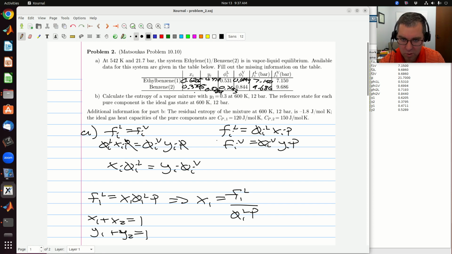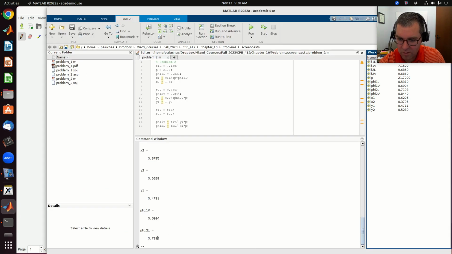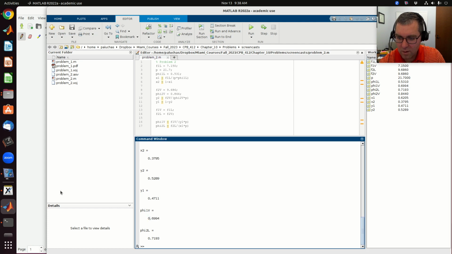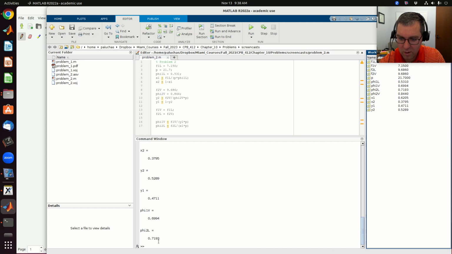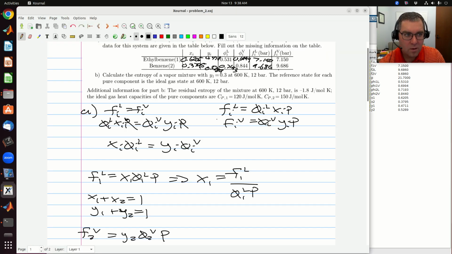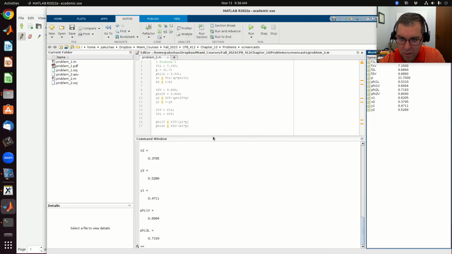So if I look at component 2, now y is greater than x. So if x is less than y, then phi2l should be greater than phi2v. But I don't get that. I get phi2l is 0.7193 when phi2v is 0.8444. Okay, so the question is, did I make an error somewhere?